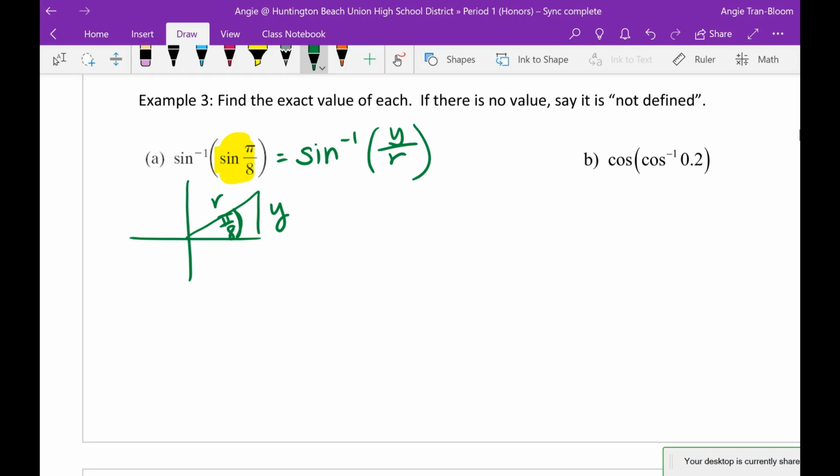Is that true so far? I know it has to be in quad 1. That's all I know. Any questions so far? Then I now have to do sine inverse, which is now restricted to what two quads? 1 and 4. But this angle is already in quad 1. So that's why I know whatever it is, it has to be pi over 8. Okay? That's one way to think of it.